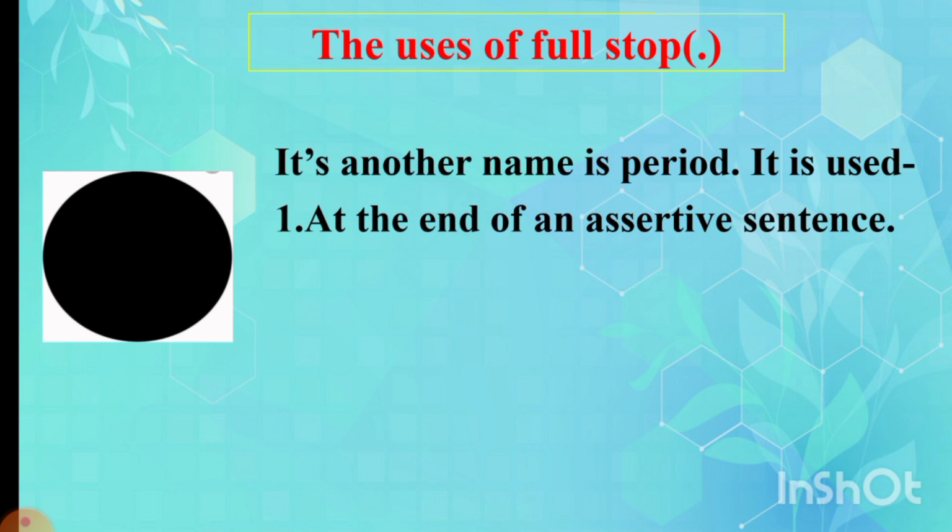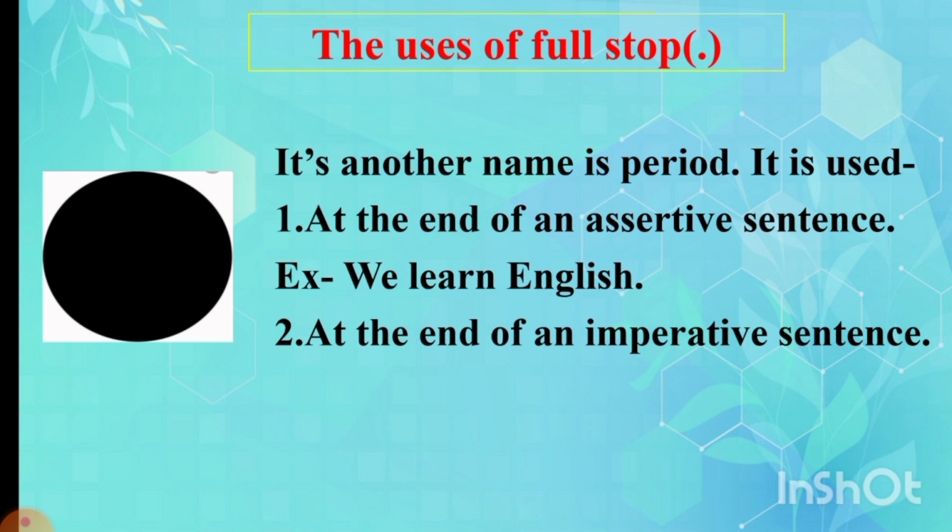So at the end of an affirmative or negative sentence, we have to use a full stop. Example: We learn English. As this is an assertive sentence, especially an affirmative sentence, in this sentence we have to use a full stop.